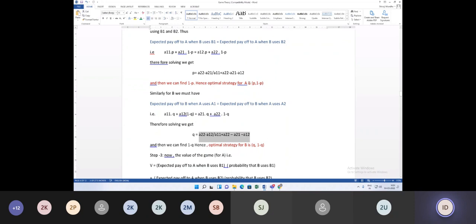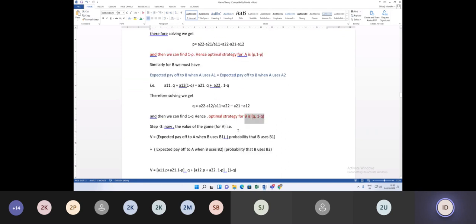If you get these values, then we just have to decide, depending upon the value, which is an optimal game value, right? Now, how do we work out the value of the game for A? The value of the game is calculated using V. V is equal to the expected payoff to A when B uses B1 multiplied by the probability that B uses B1, plus the expected payoff of A when B uses B2 multiplied by the probability that B uses B2.